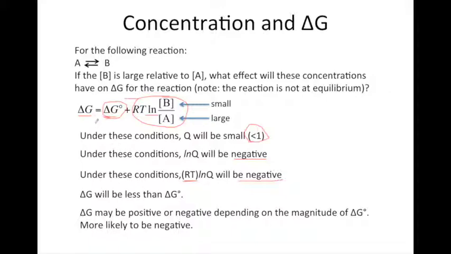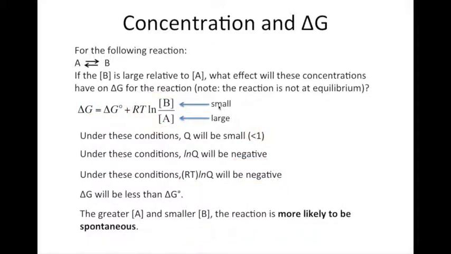So delta G may or may not be positive, but we can say this. We can see that delta G is more likely to be negative when we have a large reactant concentration, small product concentration. And of course, if delta G is more likely to be negative, then the reaction is more likely to be spontaneous.